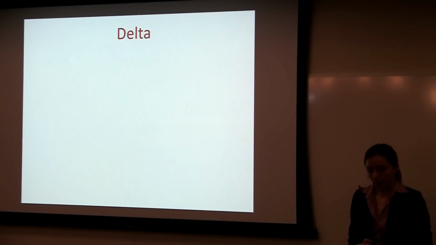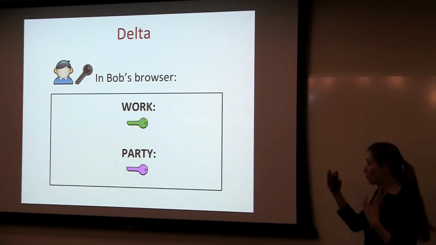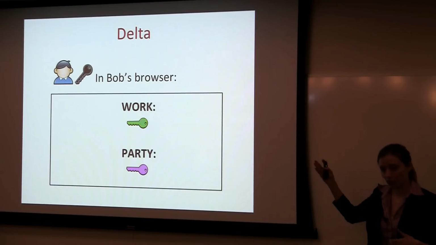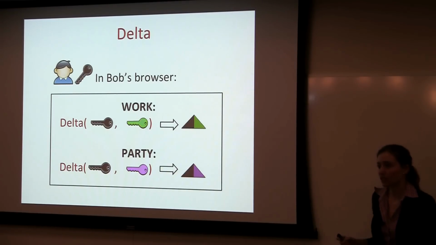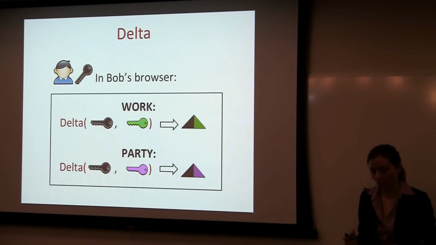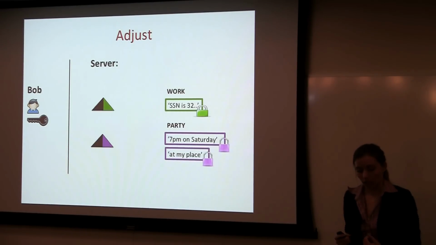So in each user's browser, some deltas are computed. What are these? Well, Bob has access to the chat room work and the chat room party, so he creates a delta between his key and those keys, okay? And these deltas are then stored at the server. Now these deltas will be used to adjust the encryption. Here's how.